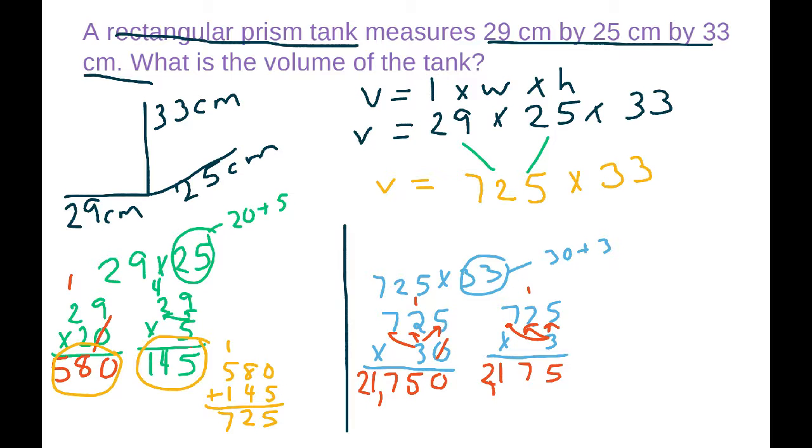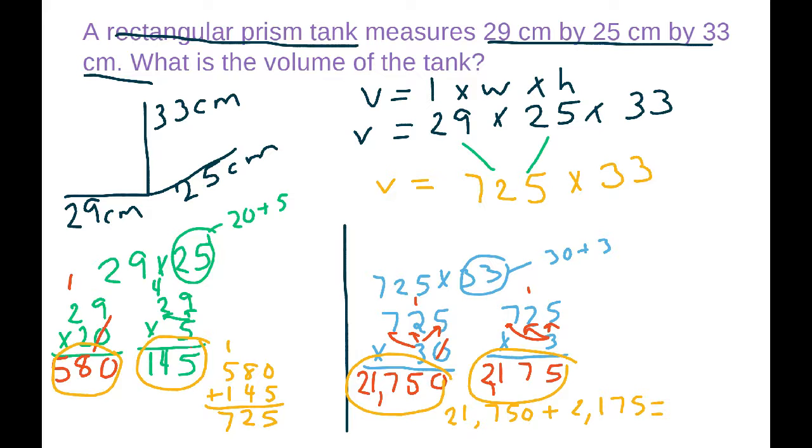Now I'm going to take these two partial products and add them together. I'm going to add 21,750 plus 2,175.